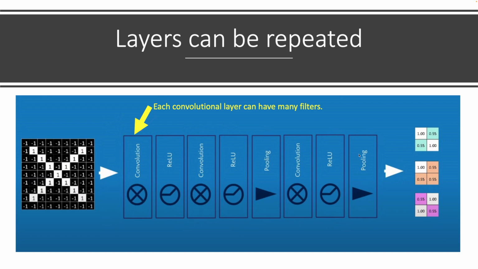But in any case, if we have an input, which would be an image into this network, we're going to eventually get some outputs. Each of these would be the output of the separate filters from the very last layer.